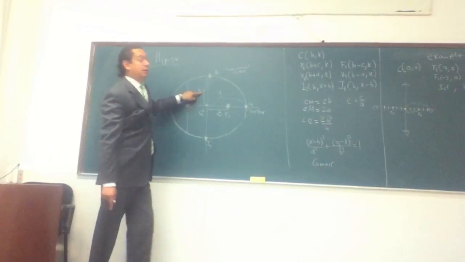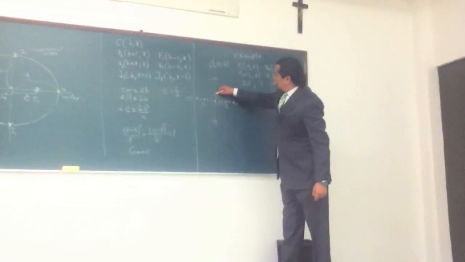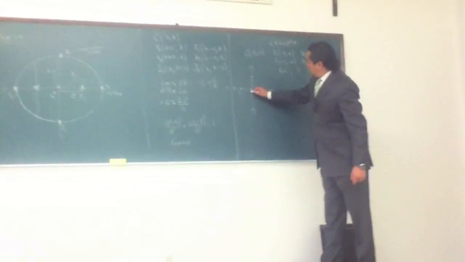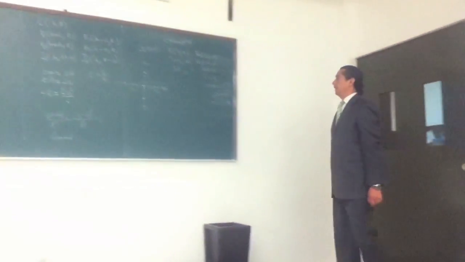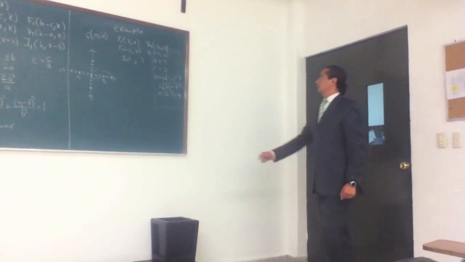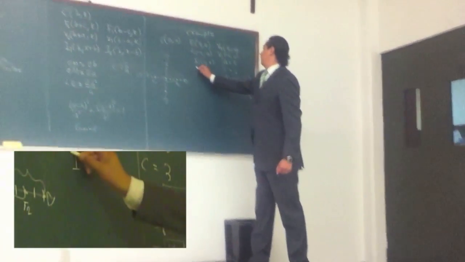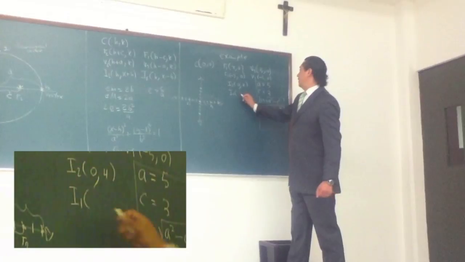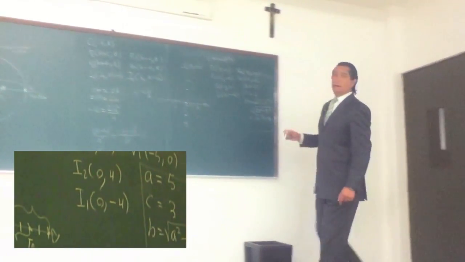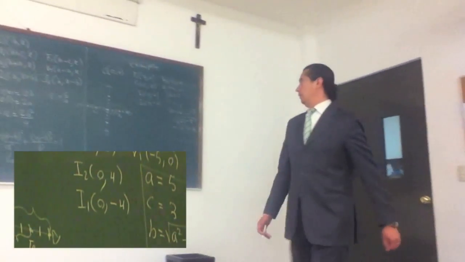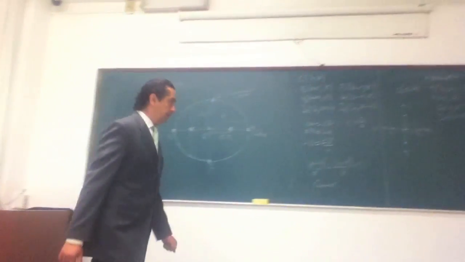It's b. It must be 4. 1, 2, 3, 4. Okay. Before, transversal vertex 1 is (0, -4). Do we agree? Yes? Okay. Questions? No? Okay.